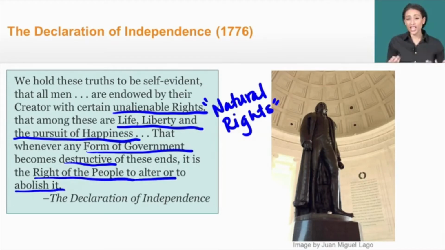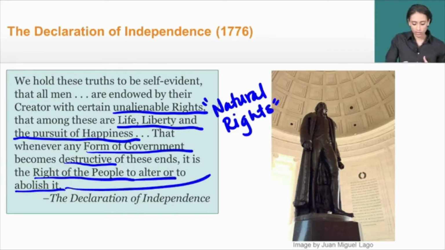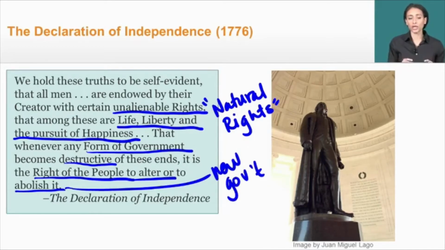And so whenever that social contract is broken, we have the right to form a new government. Now, the publishing of this declaration is going to be the key component in encouraging this revolution against British rule.